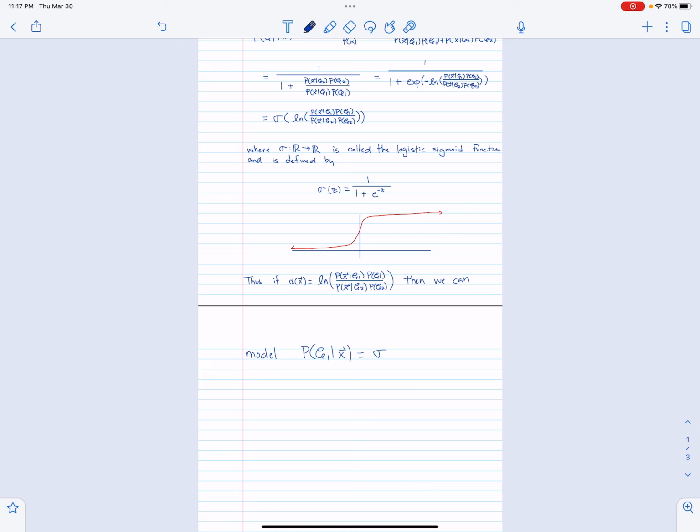We can just think of it as being equal to sigma of alpha of x.